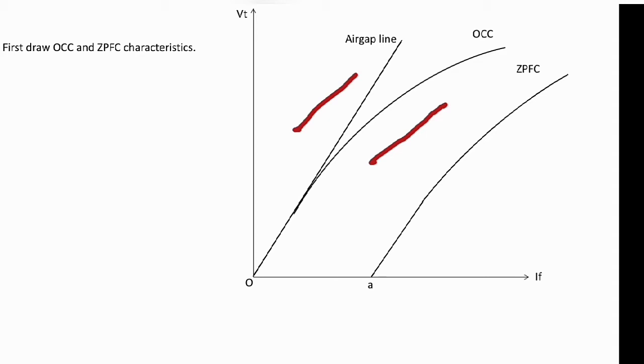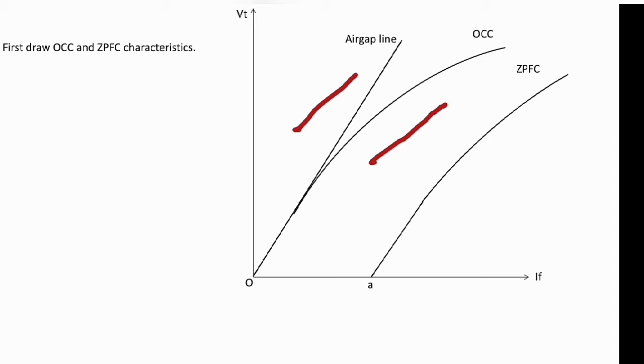First we open the stator winding of the alternator, then increase the field current, mark the points we get, and join them to get the OCC. Why is it curved? Because of saturation.